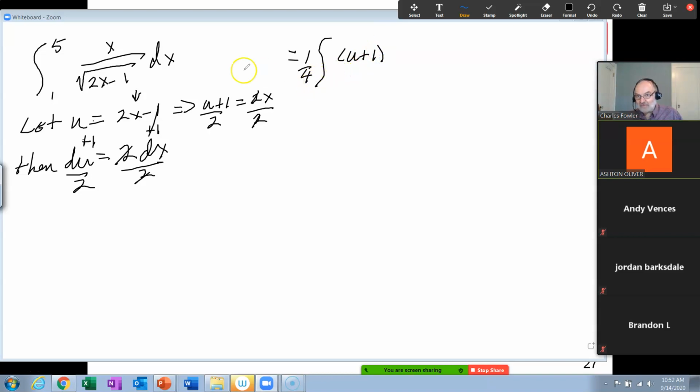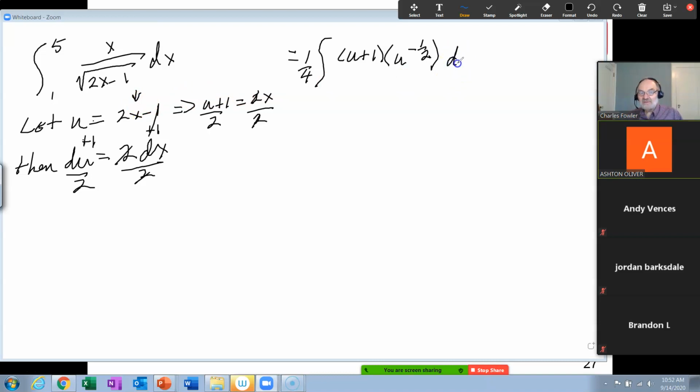Okay, 1/2 of u plus 1, but that first 1/2 is out there, times u to the minus 1/2, right? U to the minus 1/2. Square root of u. That's what this was. That was our original substitution. Agreed?